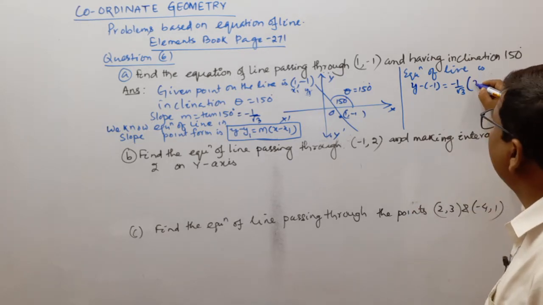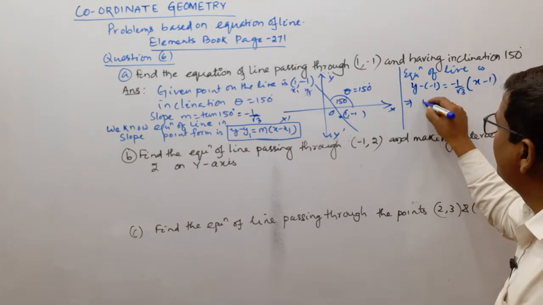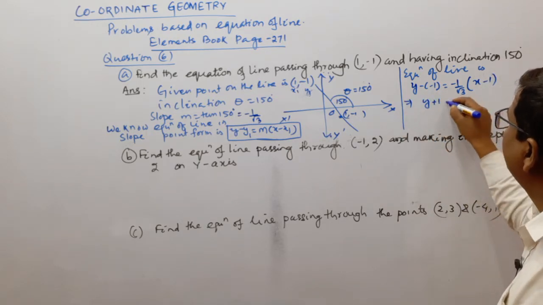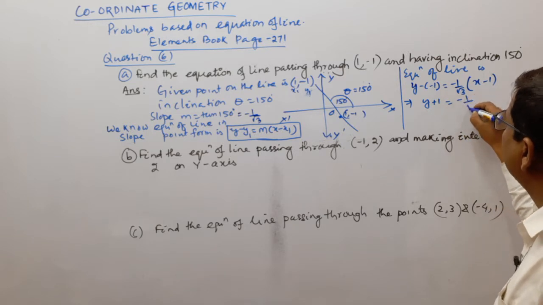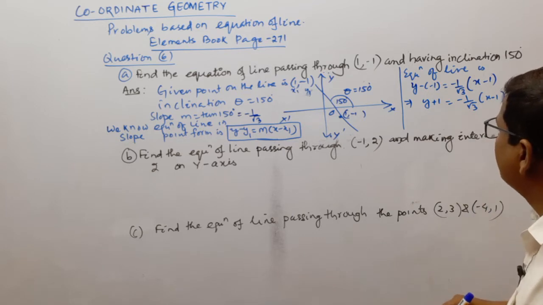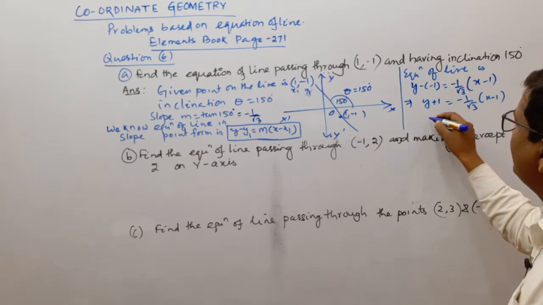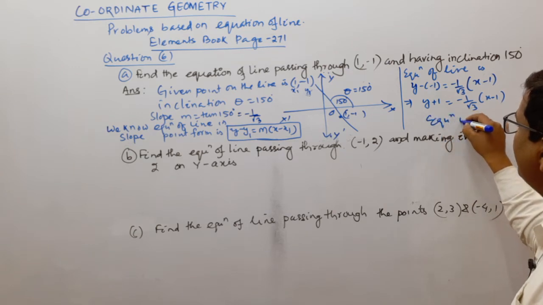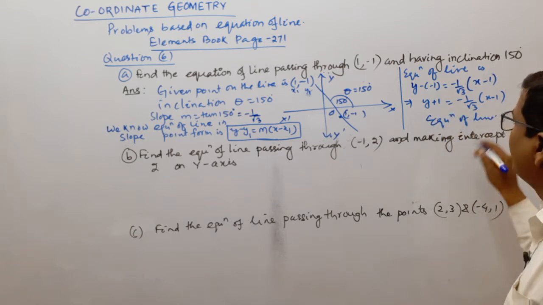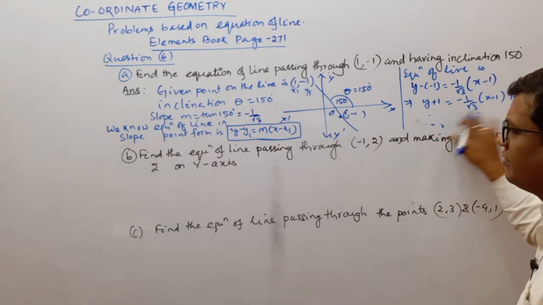So that implies y plus 1 is equal to -1/√3 into (x minus 1). This is the equation of the line. Clear? This is the answer, or you may simplify this.